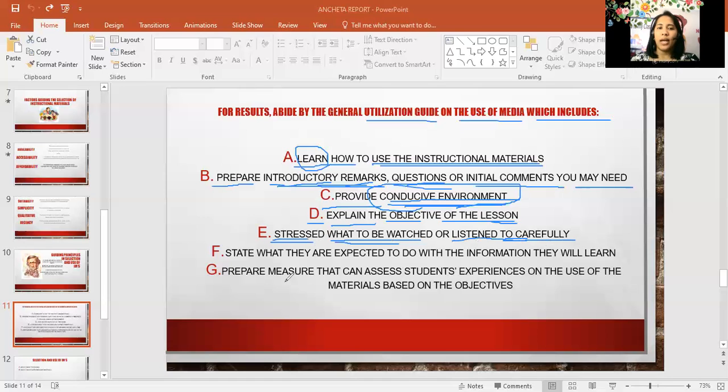Now let's go with letter F. State what they are expected to do with the information they will learn. For letter F, we need to tell the students what they would get from the lesson or from the topic you are discussing.